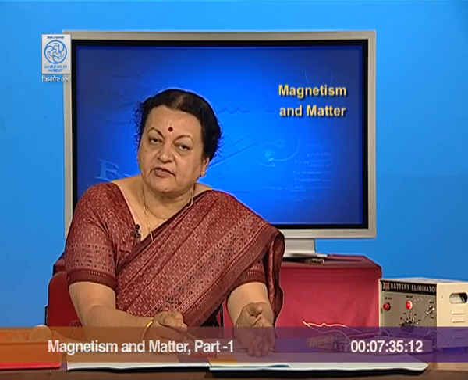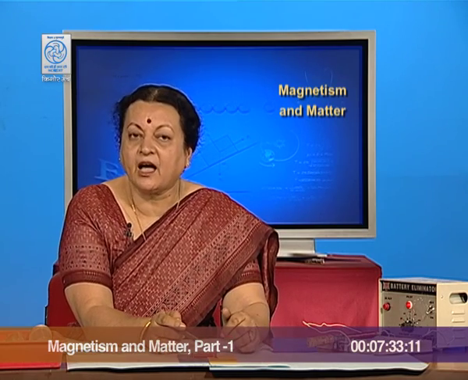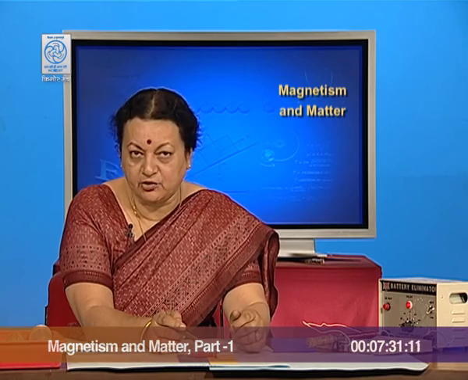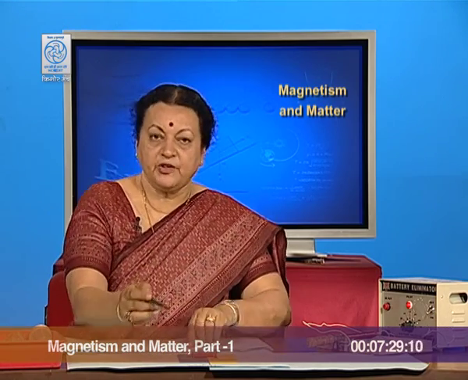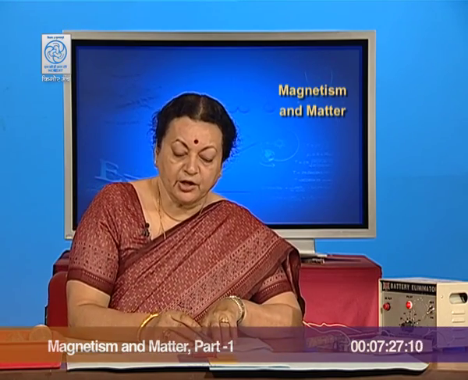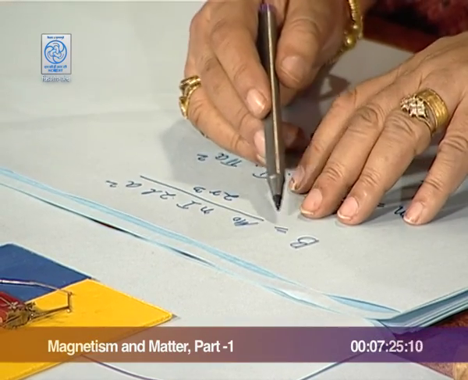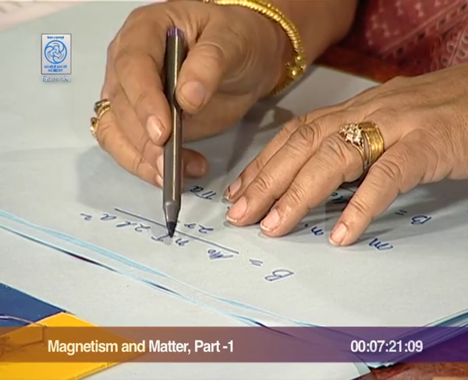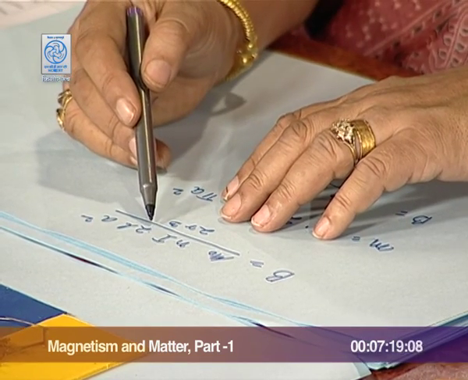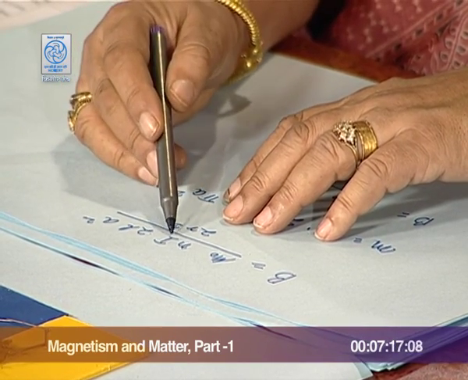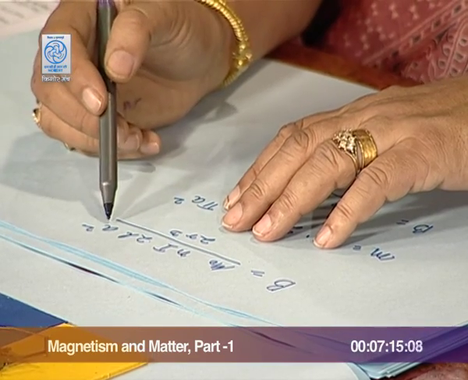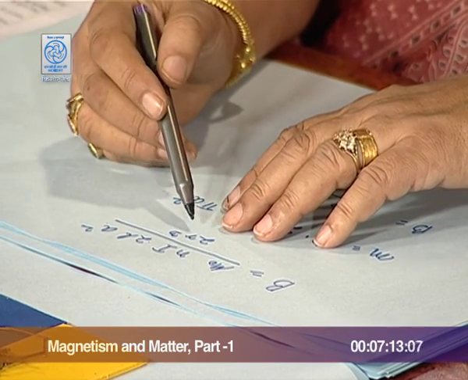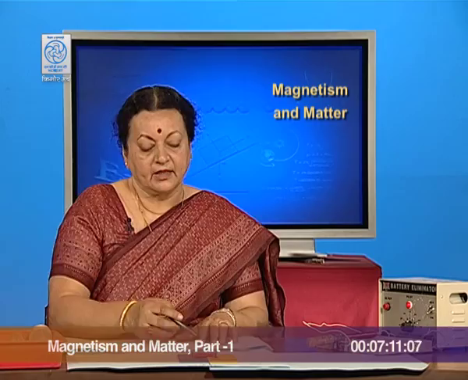So, our x value is very much less than r, and so is our L value less than r. So, we now get this expression B is equal to mu naught n I being the total number of turns and I the current, a square upon 2 r cube.